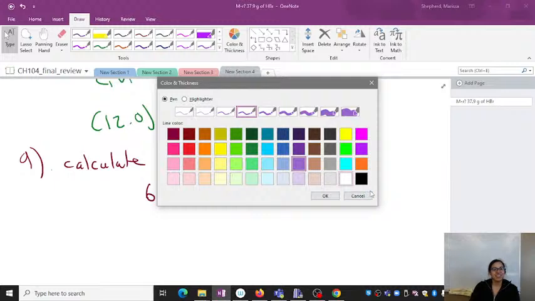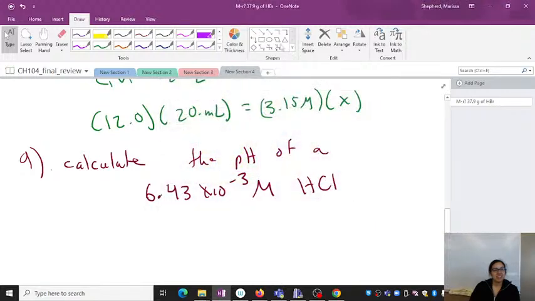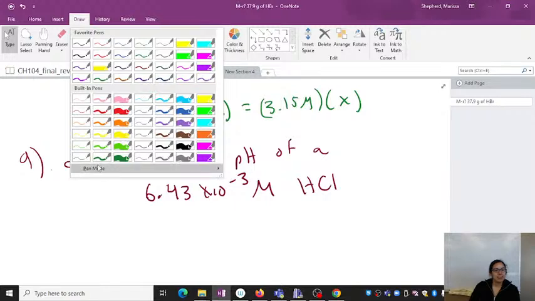Wait, no, click over where the pre-made pens are, because it would probably be under pre-made, wouldn't it? Where? Like over there, next to color and thickness. To the left of it, wouldn't it be under there? See, it doesn't have any of the cool ones built in. Can you scroll at all, or no, it's at the bottom?